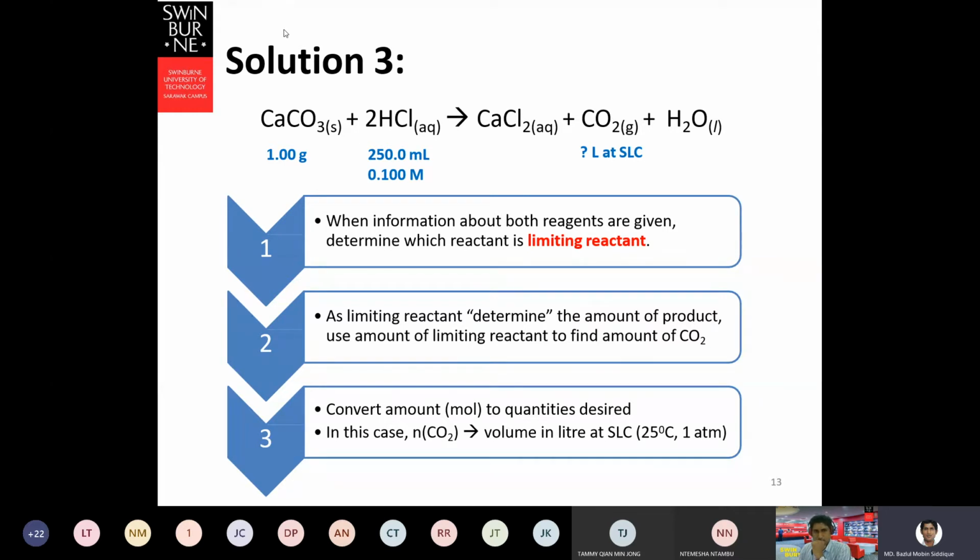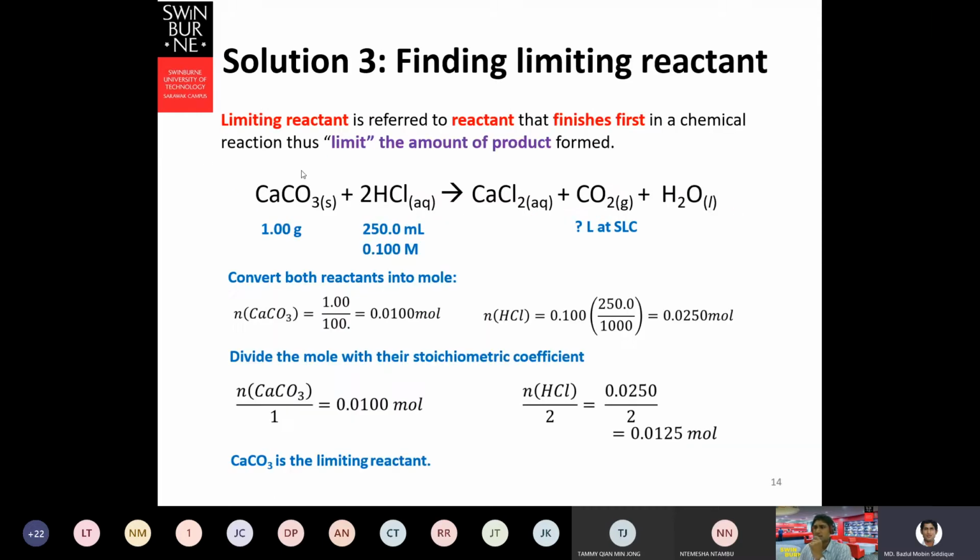So we will find the number of moles, and we can see from the balanced equation that it is a 1:2 reaction, right? If there is 1 mole of calcium carbonate, it will take 2 moles of HCl to react with it, right?